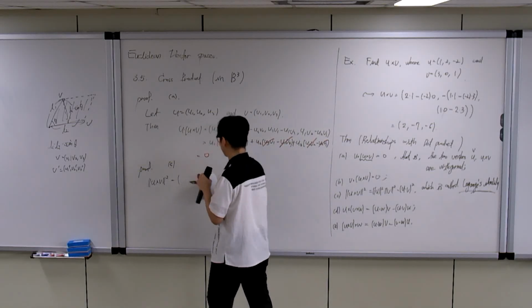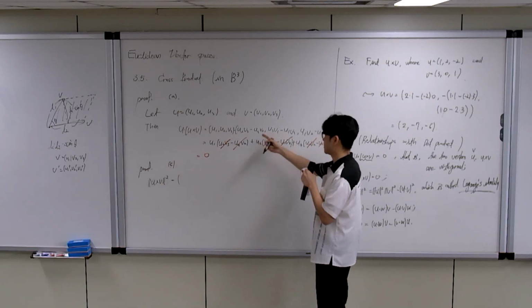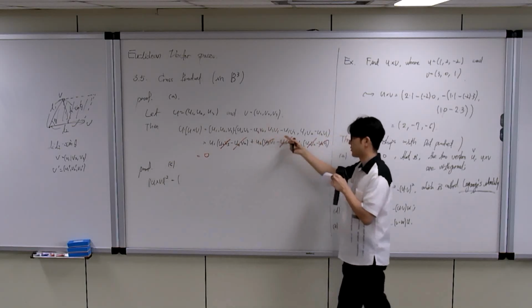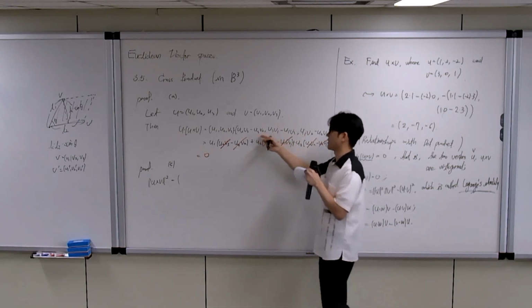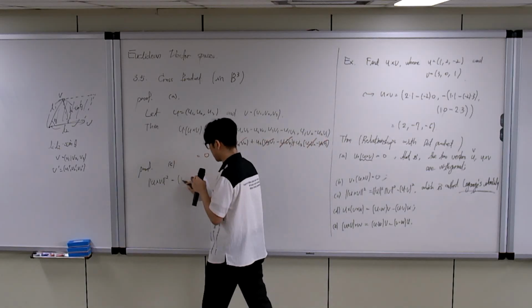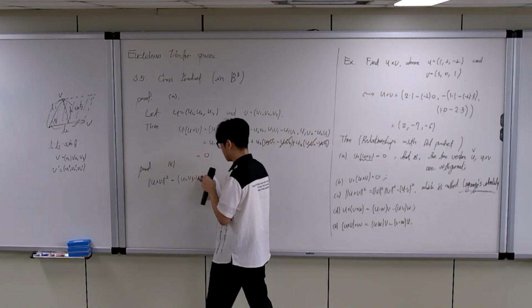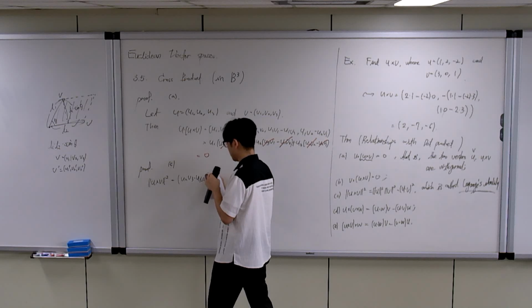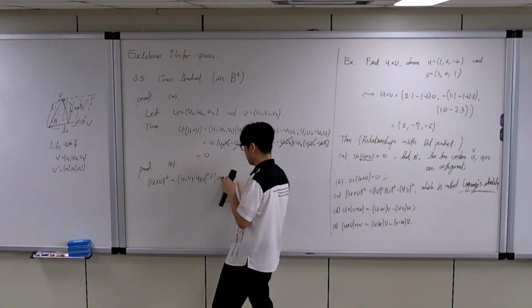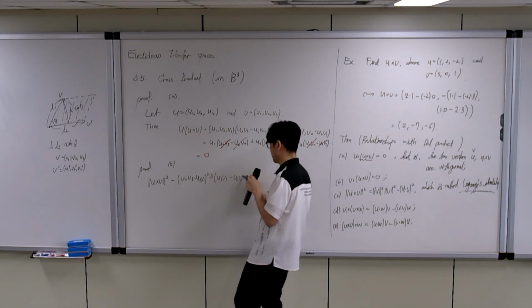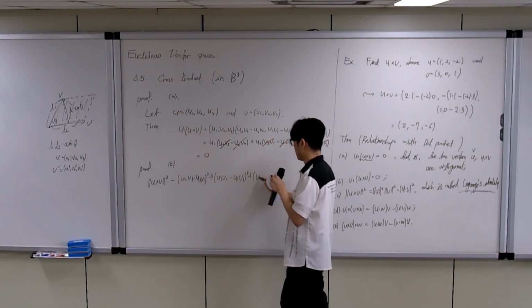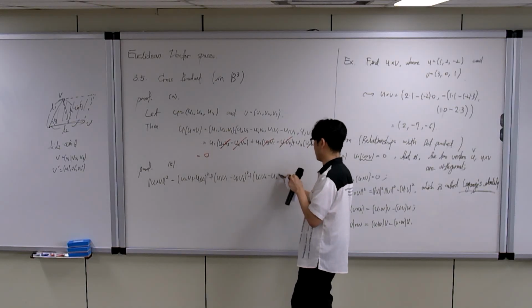The norm squared is the sum of the squares of each component: U3 V2 square, U3 V1 minus U1 V3 square, U1 V2 minus U2 V1 square.